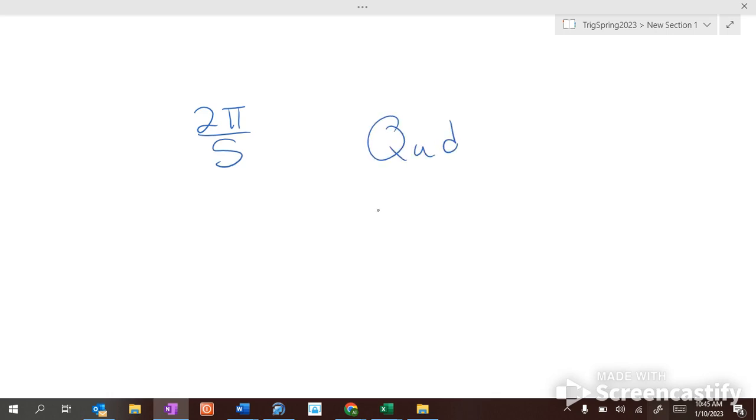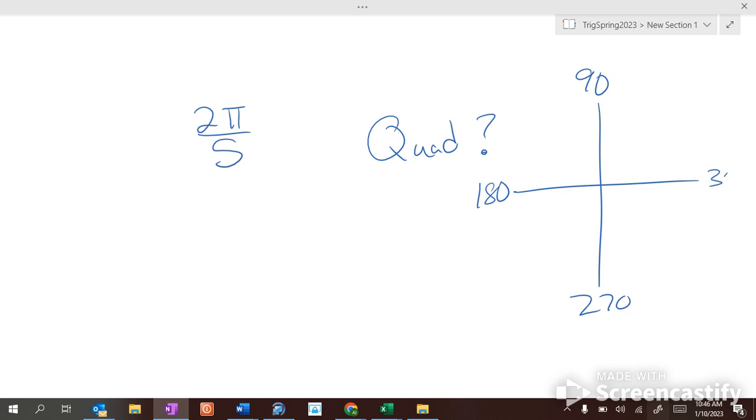So, if I have 2 pi over 5, what quadrant am I in? Some of you smarticuses can figure this out just by looking at it, because this is 90 degrees, this is 180, this is 270, and this is 360 degrees, along with 0 degrees.